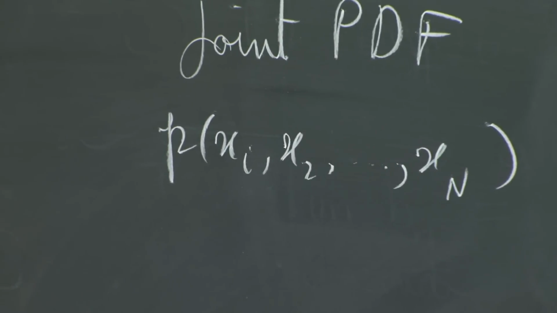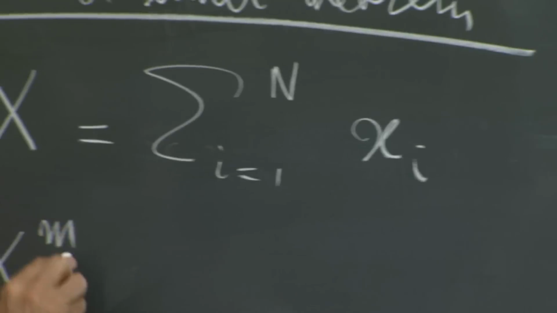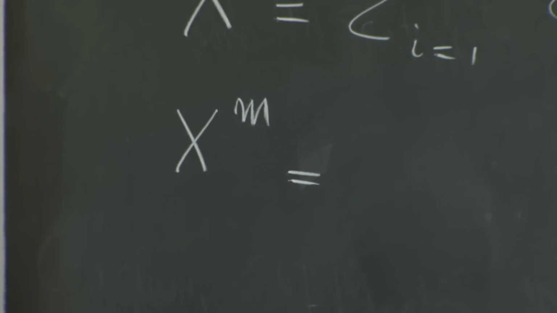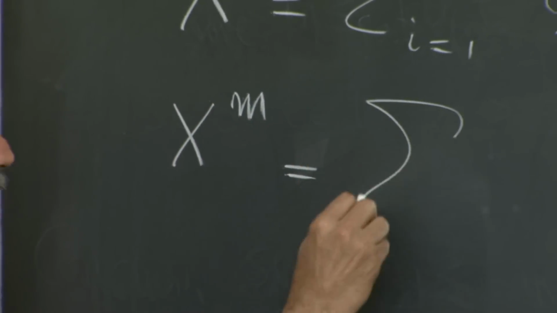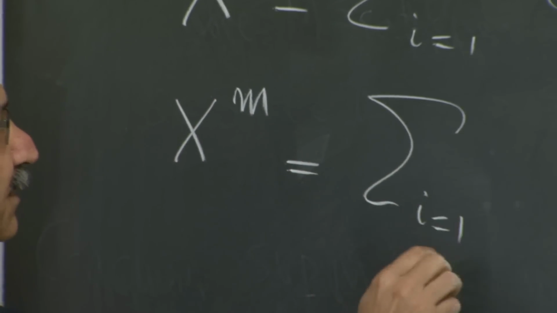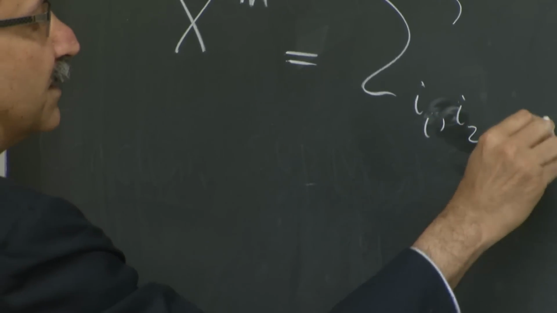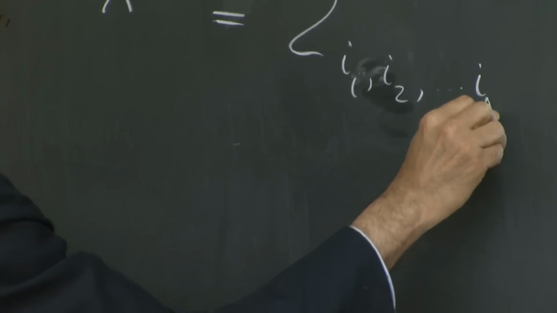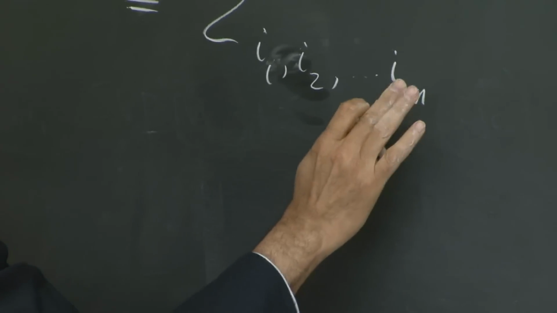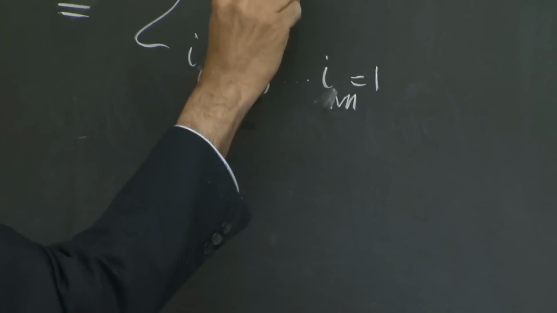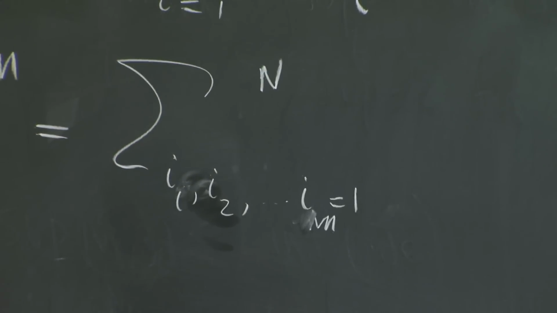If I were to raise the sum to some power m, I could do that by doing a sum over i1 running from 1 to n, i2 running from 1 to n, so basically repeating this sum.